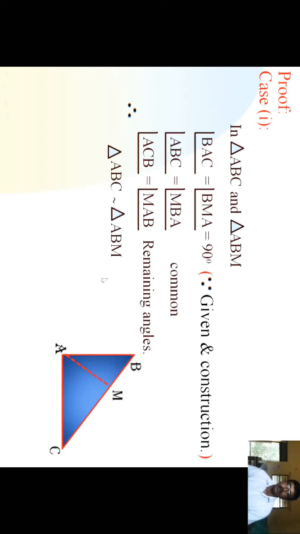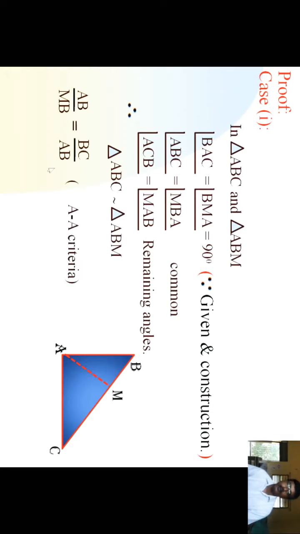So keeping all those things here, I am writing AB by MB is equal to AB from the baby triangle at the denominator. And the corresponding vertices of A and B are B and C from the mother triangle I am taking, and the reason for that is AA criteria.